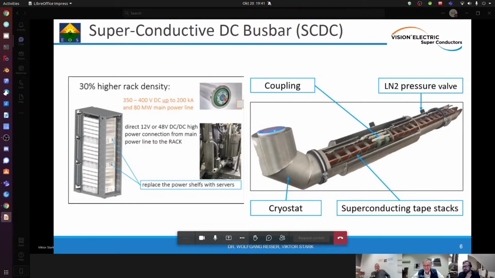And this brought us also to the idea to use the liquid nitrogen for cooling down peak temperatures. And we can also use the busbar system for firefighting purposes. So there are a lot of additional applications that can be covered, and not only the transport of the electricity.